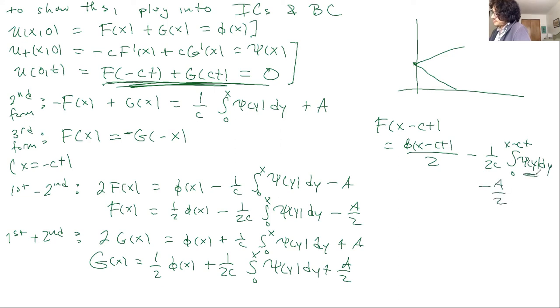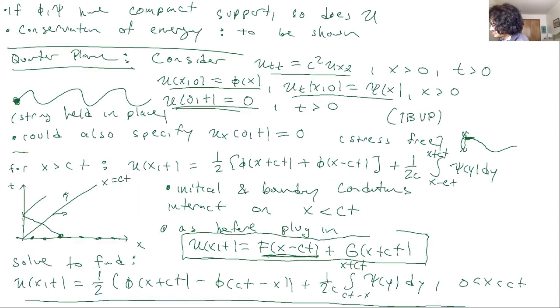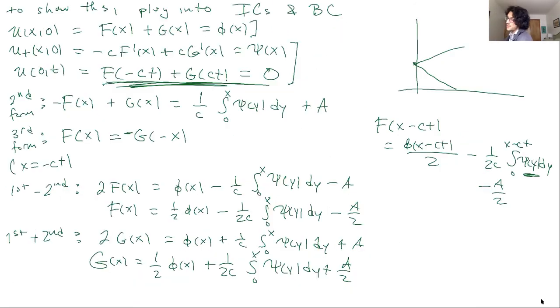I don't have any information about psi for when the argument of it is less than 0, right? Because it's only defined on x greater than 0, when its argument is greater than 0, okay? So what I need to do is figure out what f of x minus ct is when x minus ct is negative, right?